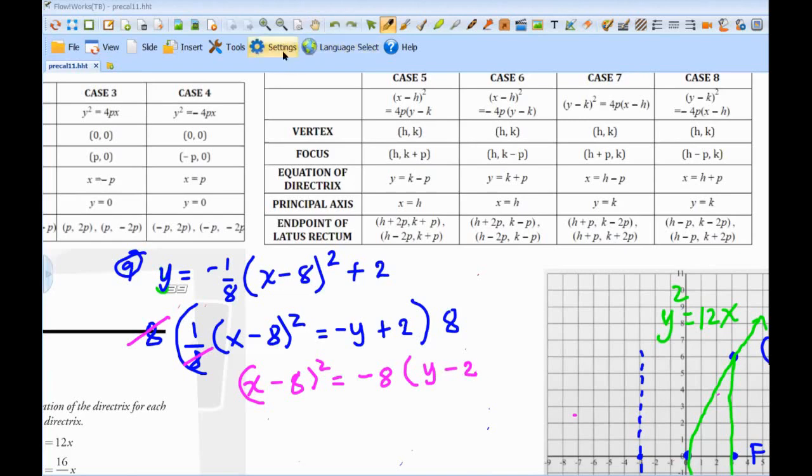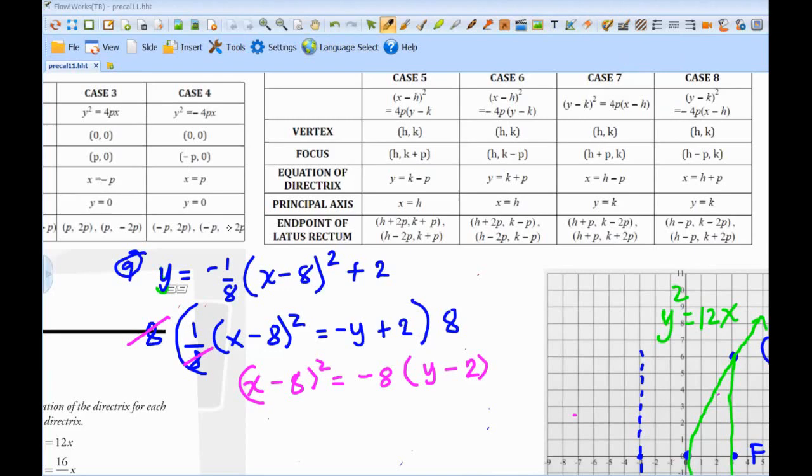Because we factored it out. So now which case is number 9 on our formula? Which case is suitable? Number 6, sir. Okay, number 6 because it is negative, right?